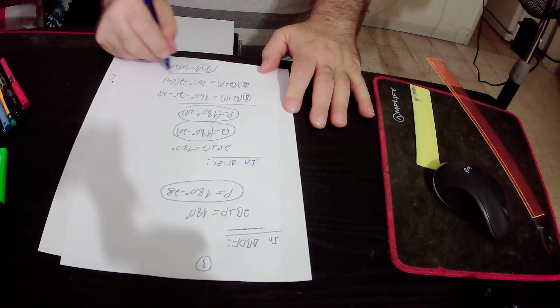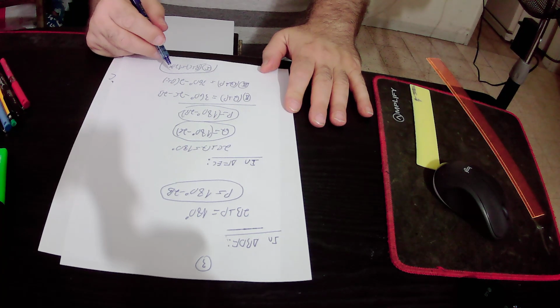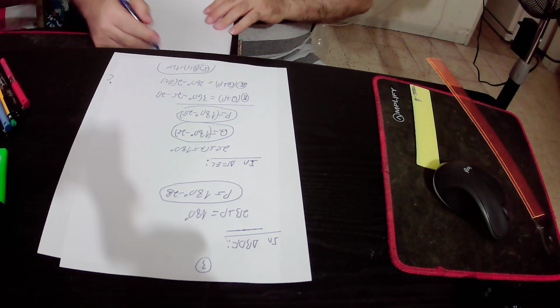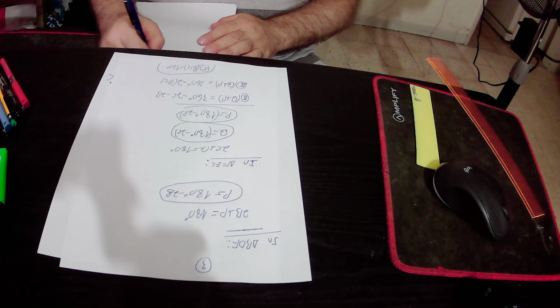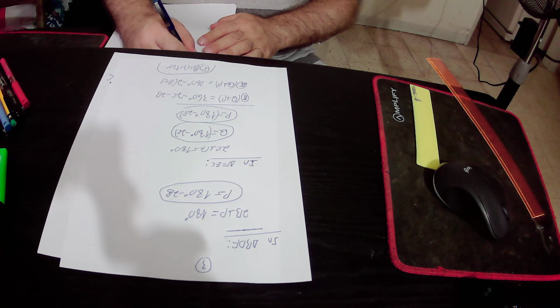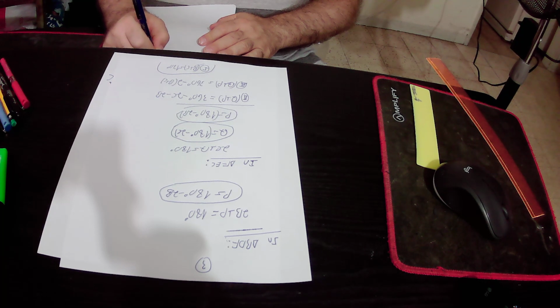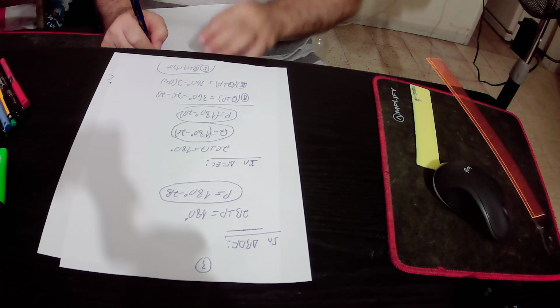So we will substitute B plus C in equation number 2 by 120 degrees, and we will get that Q plus P equals 360 degrees minus 2 times B plus C, which is 120 degrees.